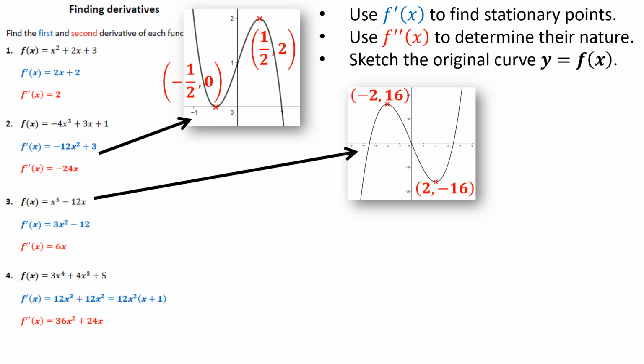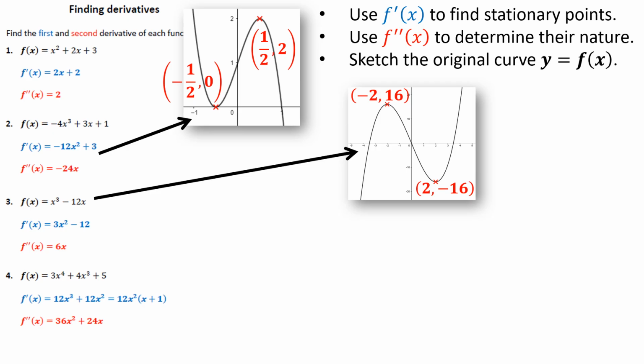When we look at the second derivative for this, we'll see that we get a similar sort of pattern to question 2, but because this one is a positive cubic, we have a decreasing gradient when x is negative and an increasing gradient when x is positive. And that's why the first stationary point we come across is a maximum because the gradient's decreasing, and the second stationary point we come across is a minimum because the gradient is increasing.